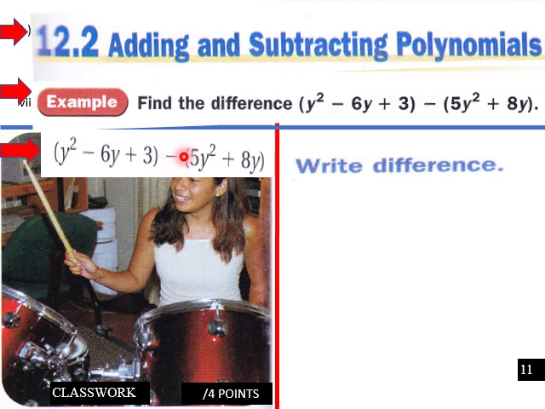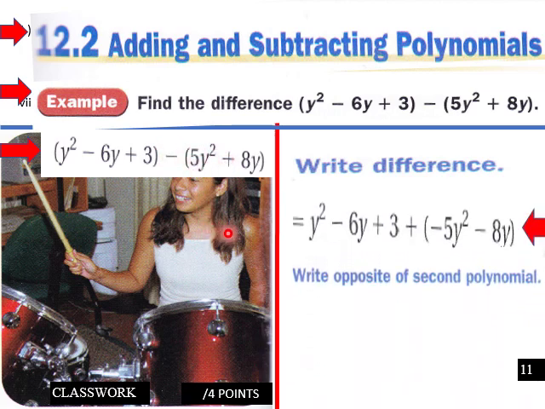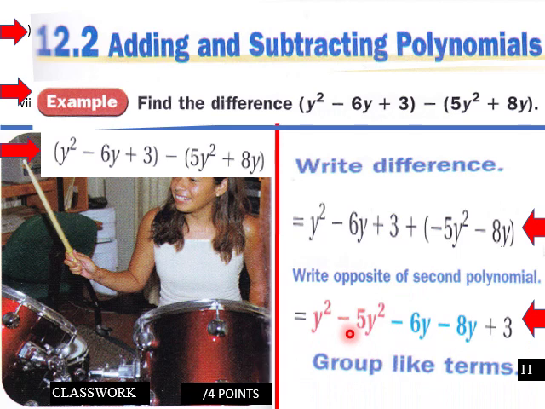We have our negative 1 out front here. What we need to do now is drop our parentheses from our first group here, and write the opposite of the second polynomial. So we're going to add a negative 5y squared and then minus 8y. So we're going to add the opposite of these two terms here.